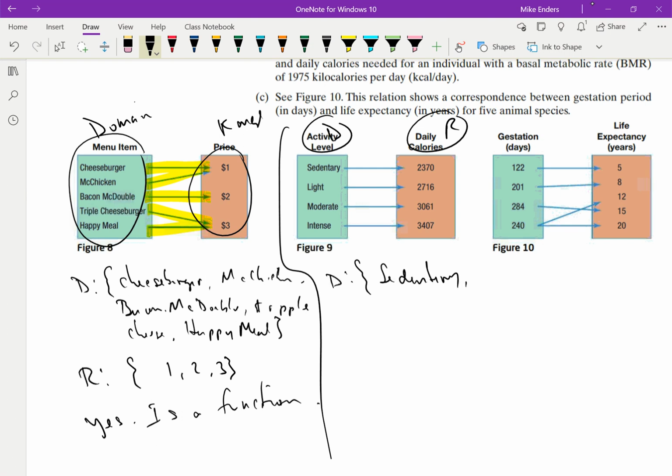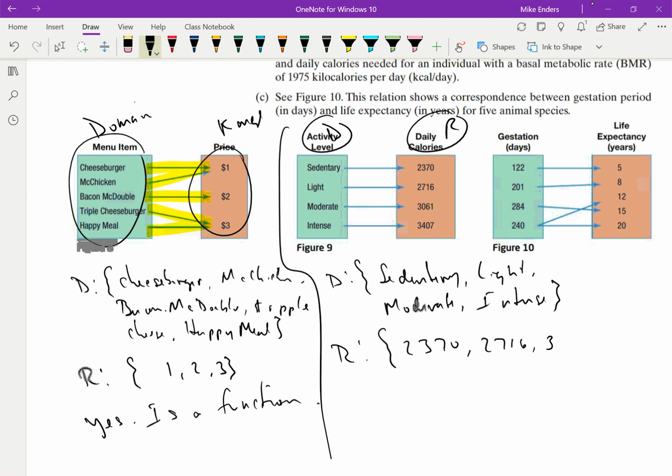Sedentary, then we have light, then we have moderate, and we have intense. Those are all of our activity levels. That's our domain. And our range, the daily calories for each of these, we have 2,370, 2,716, 3,061, and 3,407.